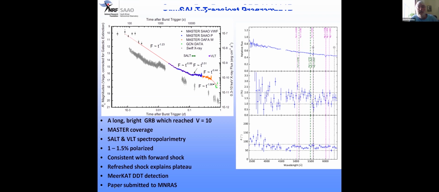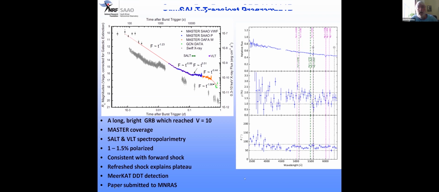And so we detected a polarization of about 1.5%, relatively low. And the conclusion is that this is consistent with a forward shock in a normal GRB, not a reverse shock, and a refreshing of the shock that causes a sort of halt in the decline and even a slight brightening during this phase.